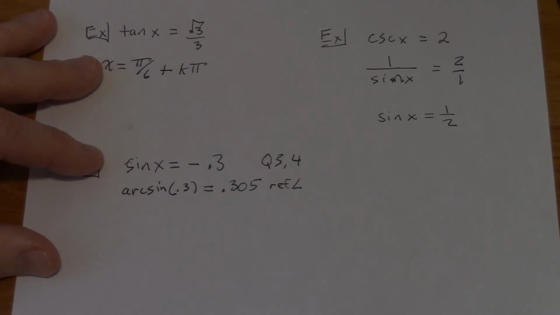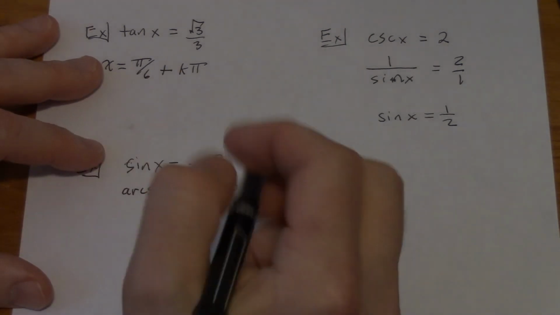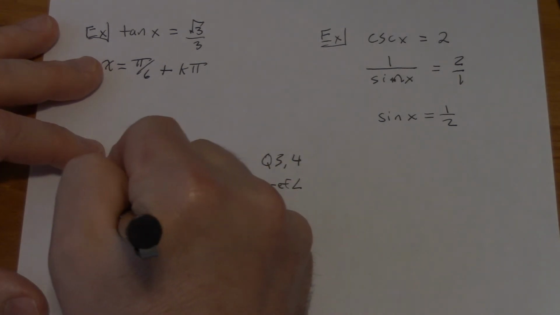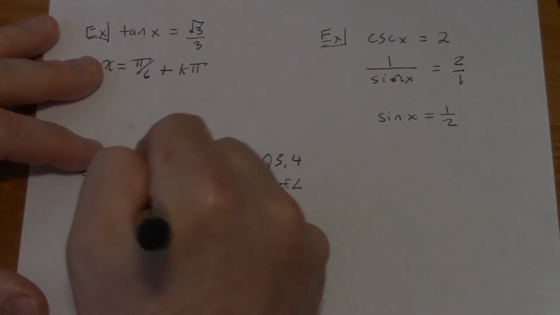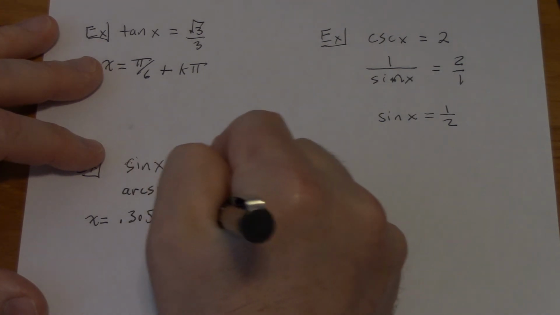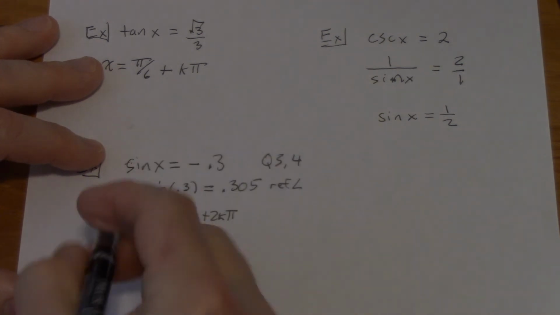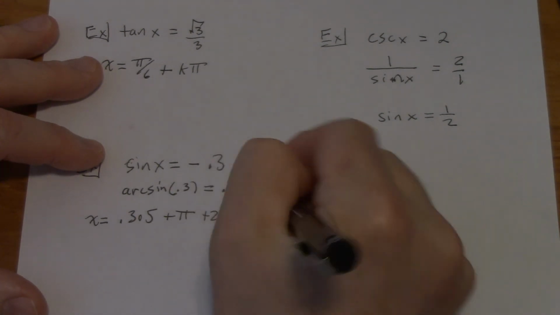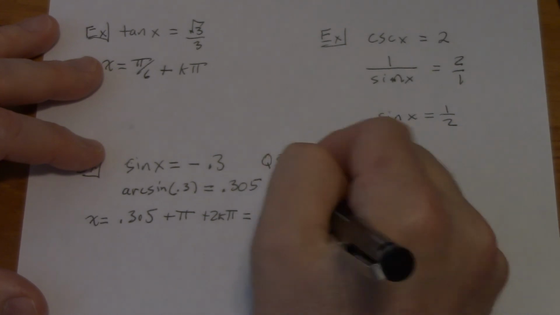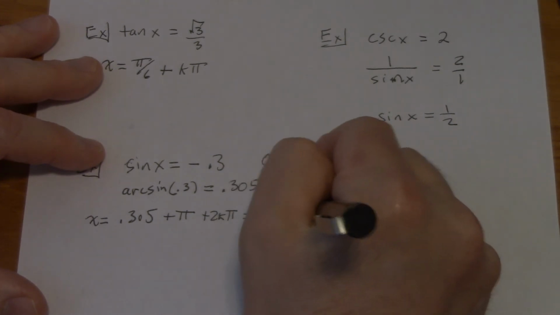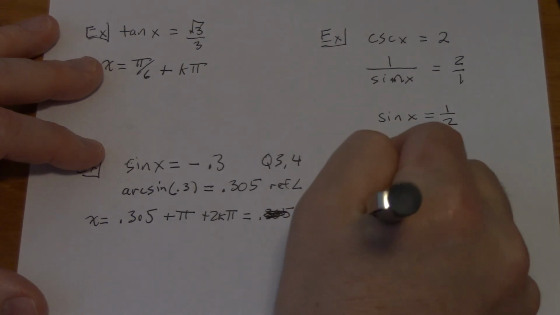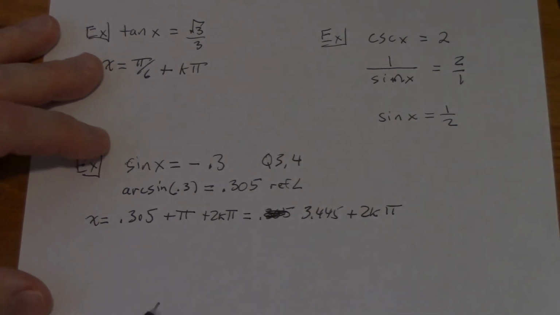Okay? So, once again, how do I get my third quadrant angle? So I would take my reference angle and I would add pi and then plus 2k pi. And that gives me, I should be saying approximately equal to, sorry, not copying it down right, 3.445 plus 2k pi.